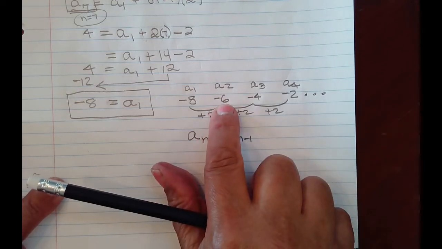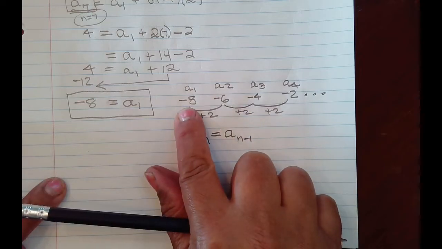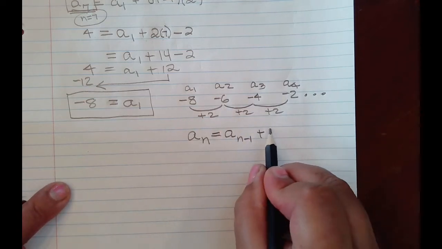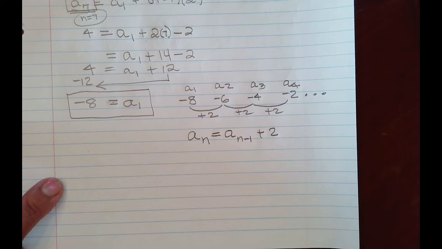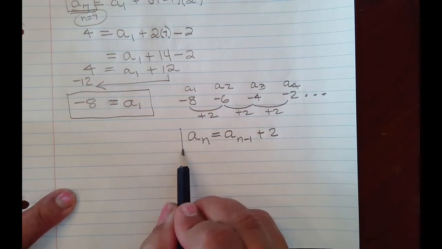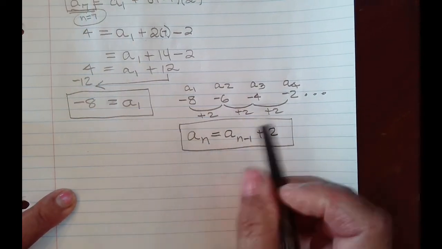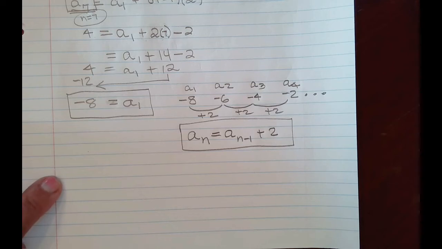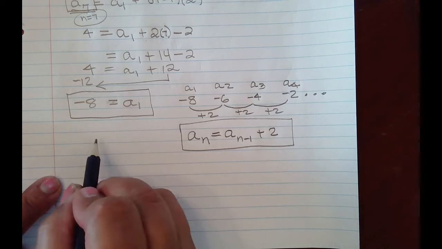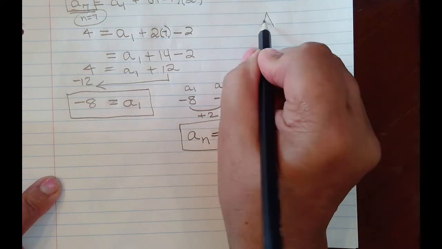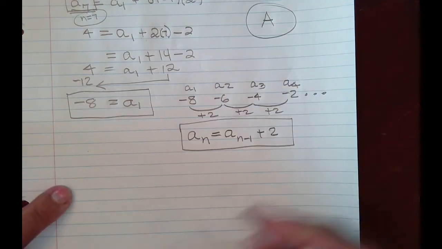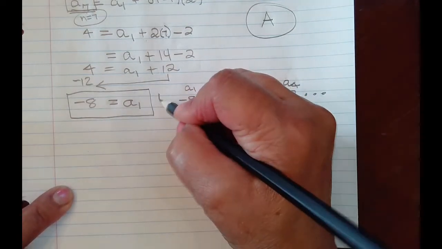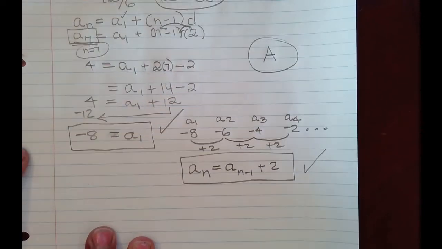So if you're looking for this term, use the term before it and then add 2. And here you have a recursive formula for the numbers in this sequence. Okay, so that is number 26, and that choice was A. Choice A, you were offered this as well as this.